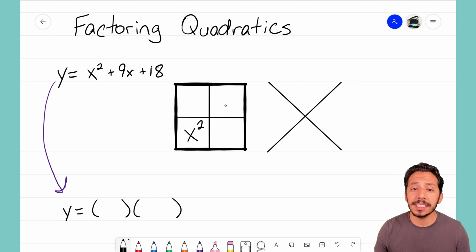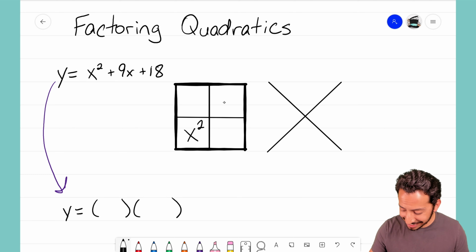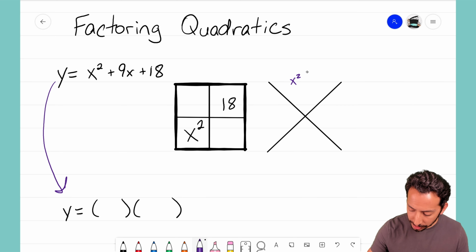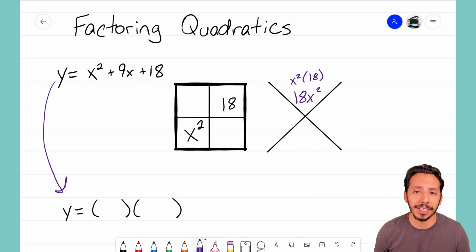Remember, the constant is just the number by itself, the number without a variable. In this case, our constant is 18. So I put those two pieces into my generic rectangle. They create one diagonal in the generic rectangle, and now I multiply those two pieces, x squared times 18, and I end up with 18x squared in the top of my diagonal.